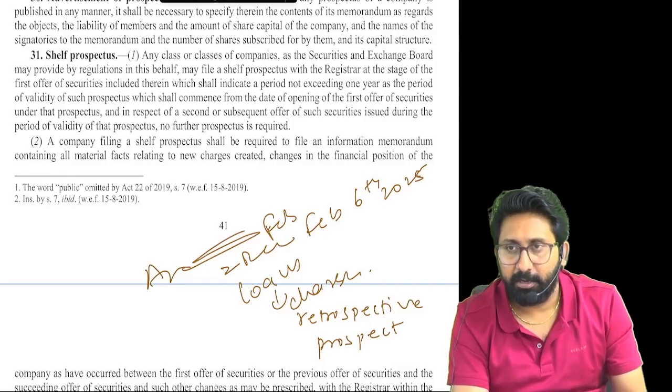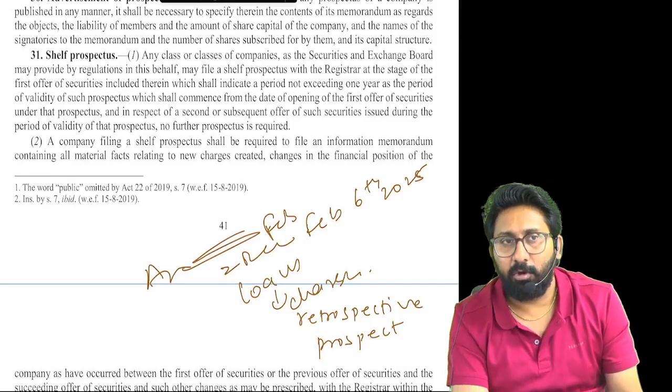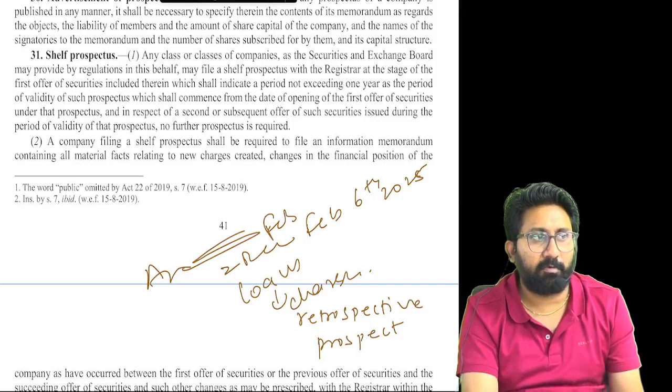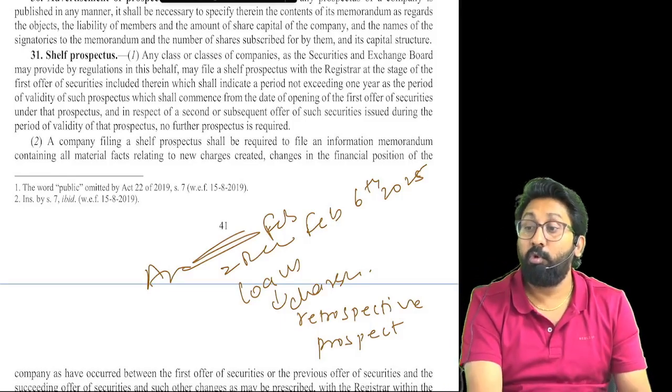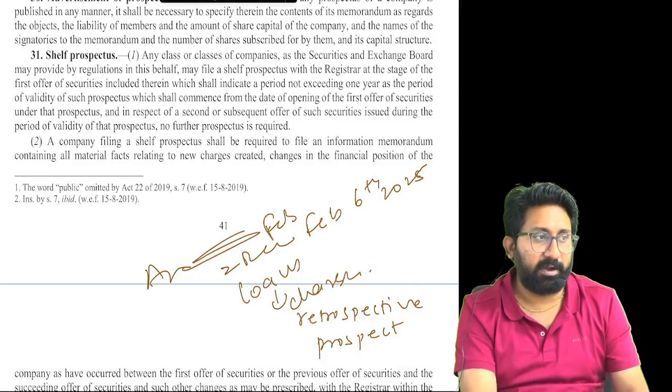Next, point number 3. During that 1 year, no further prospectus is required.